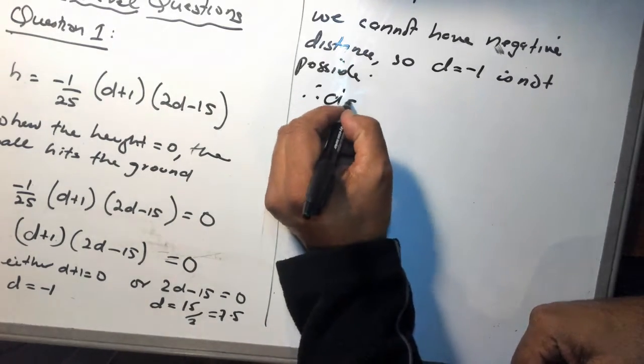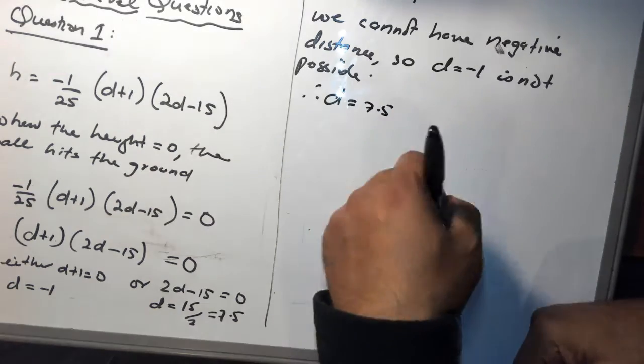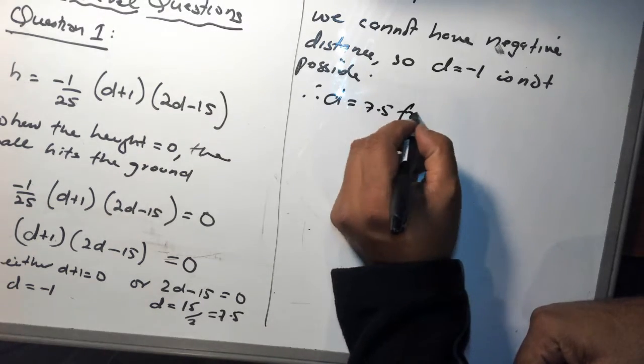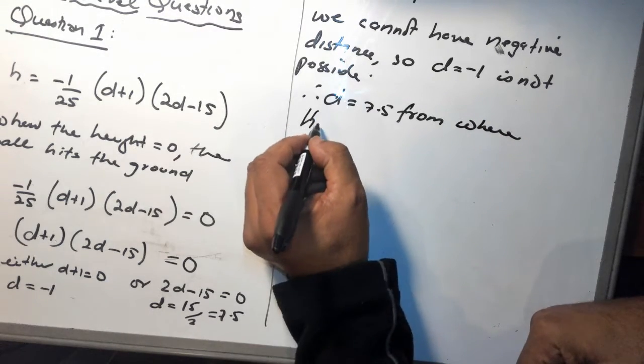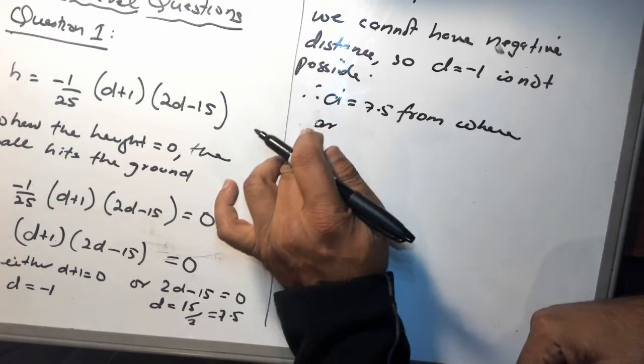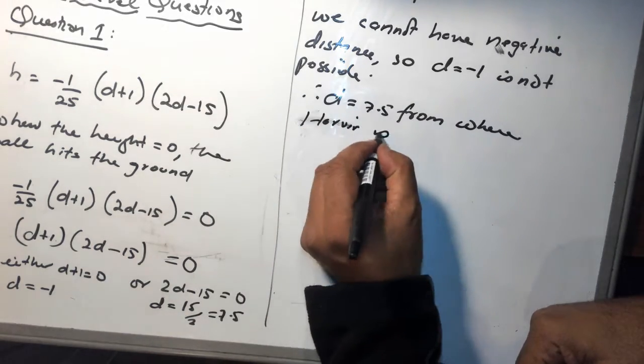Therefore, d is equal to 7.5 meters from where Harveer is standing.